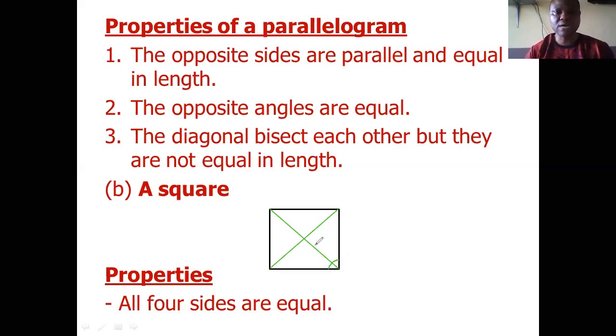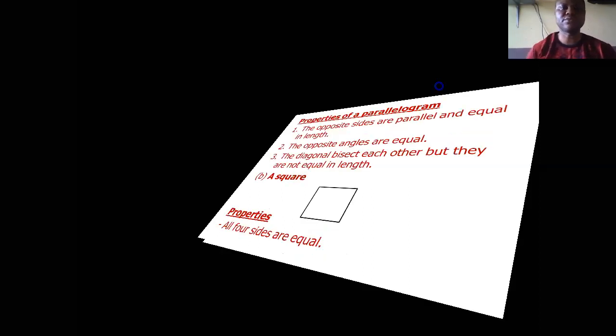And the diagonals also divide each other, here is equal to here, and they are also equal in length. So take note of this. This is what I'm trying to explain. Okay, so let's continue.